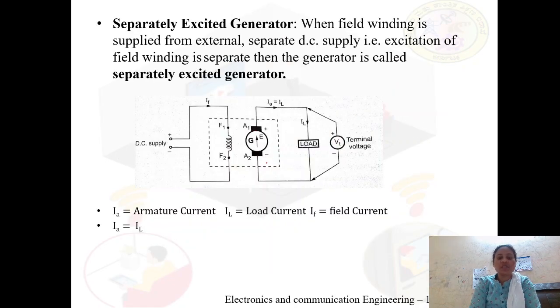One is the armature resistance voltage drop, which is IA into RA, caused by the resistance of the armature, then the brush contact voltage drop, and the armature reaction voltage drop.